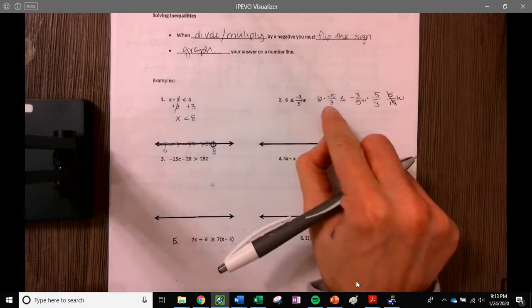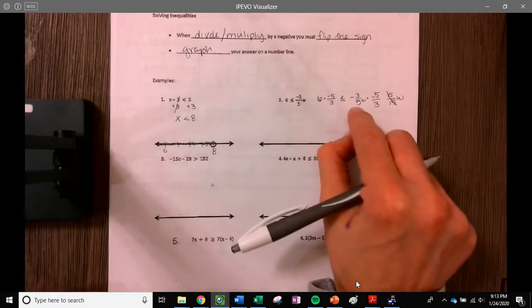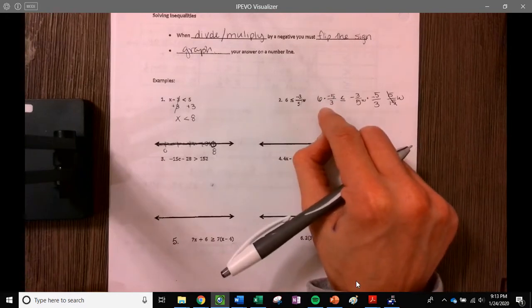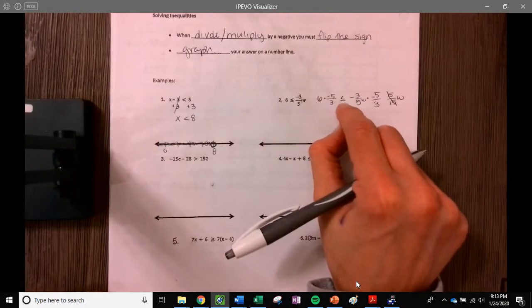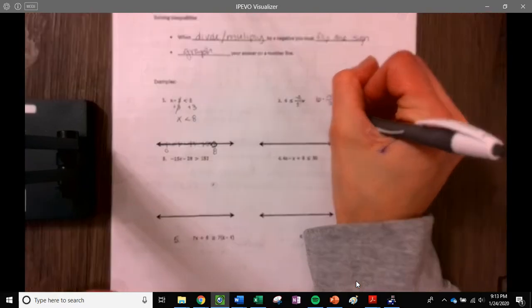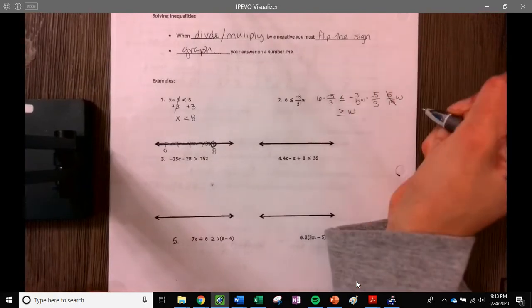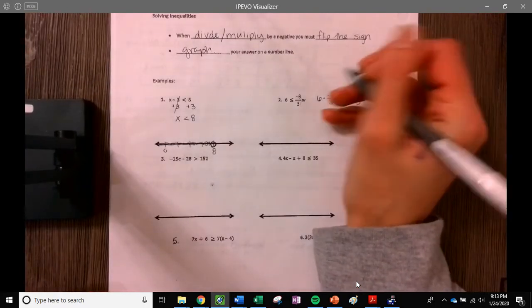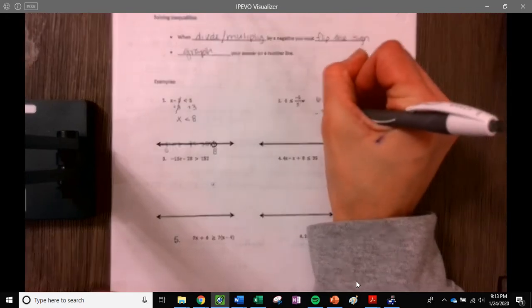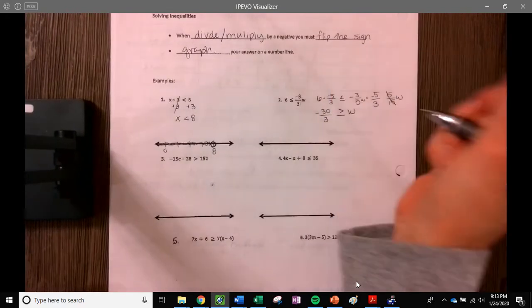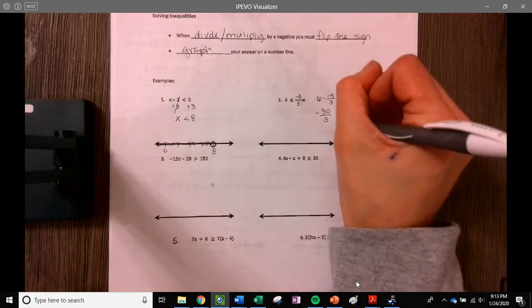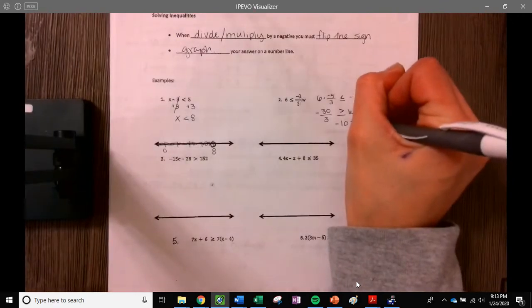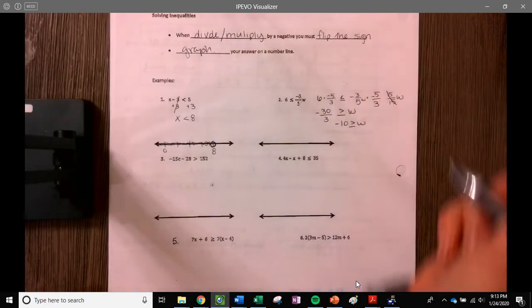So now I have technically divided by a negative, but my action is multiplying. So I'm going to flip this sign. I've got my W left over here. 6 times negative 5/3 is negative 30 over 3, which means negative 10 is greater than or equal to W.